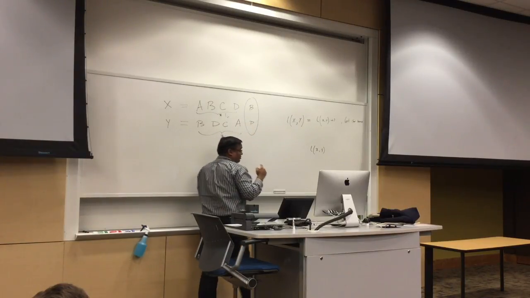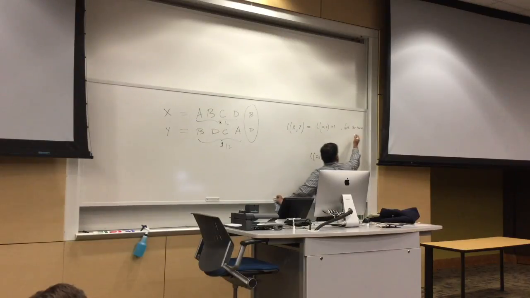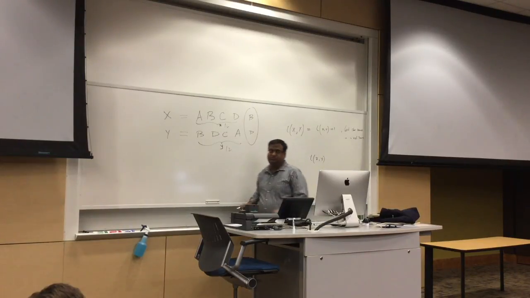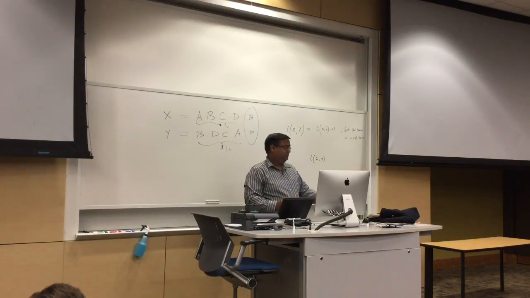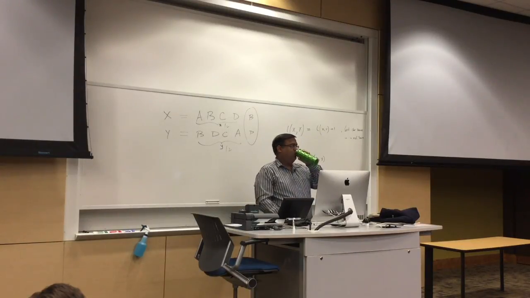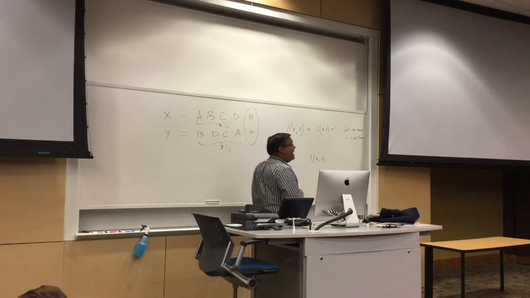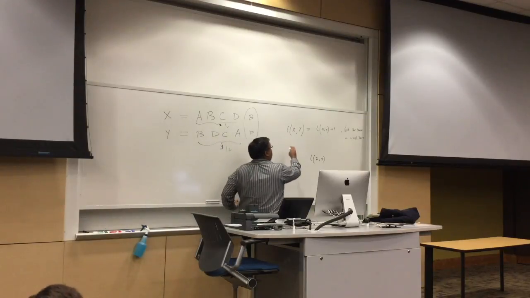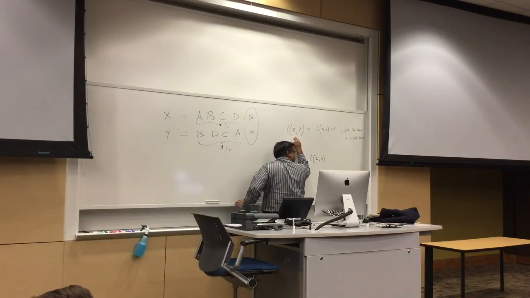So how do you write that rule? The rule where the last char is the same is this. Where the last char is not the same, what is the rule? Exactly. So now you're going to ask me the question. The only thing you cannot ask is what is L of x comma y.